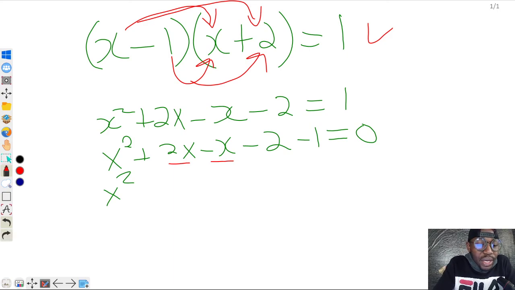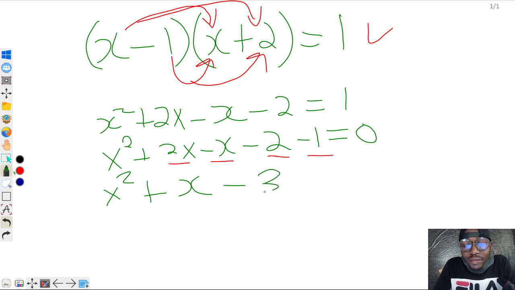What are we getting here? We're going to get plus x. Okay, plus x, and -2, -1, that gives us -3 is equal to 0.